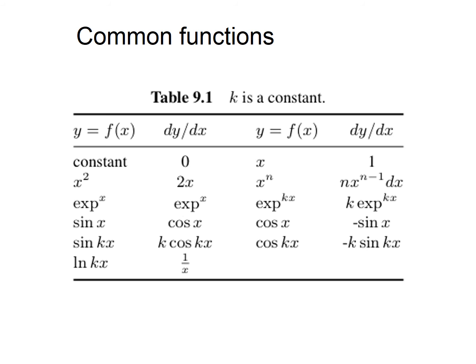If it's just x, that's x to the power of 1. You move the 1 down to the front, and it becomes 1 times x to the 0, which is equal to 1. X squared becomes 2x, and for x raised to any power, you can use this formula to do the differentiation.